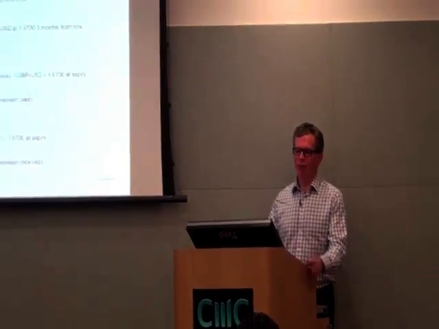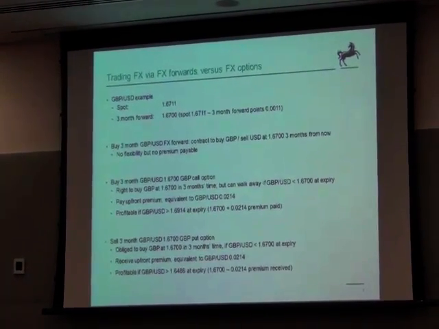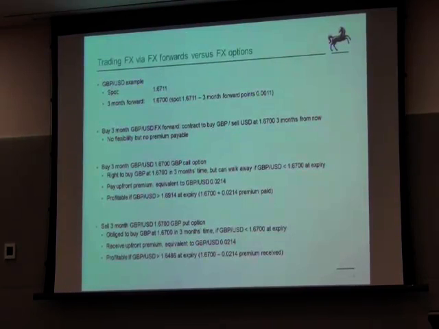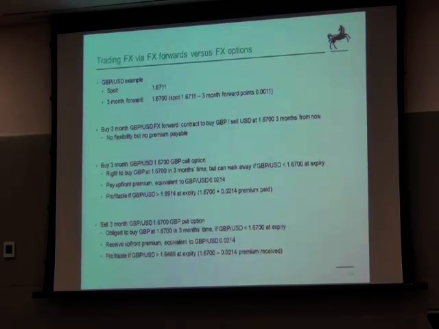So I thought I'd start off by looking at an example, 3-month cable, and work through a case scenario as to how you might want to trade this and the various ways in which we can do this. If we take a spot level in cable, say 167.11, that would give us a 3-month forward level of 167 the figure.